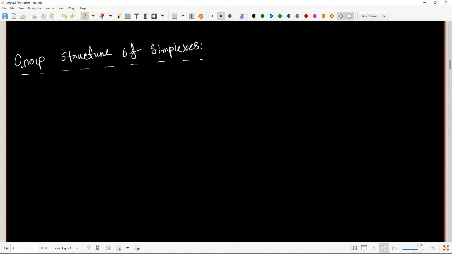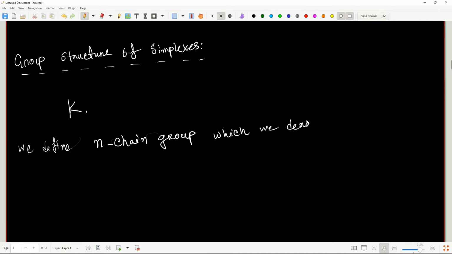Okay, so let's say we have a simplicial complex, or in short we can call it a complex K, and we define something called an n-chain group, which we denote as C_n.